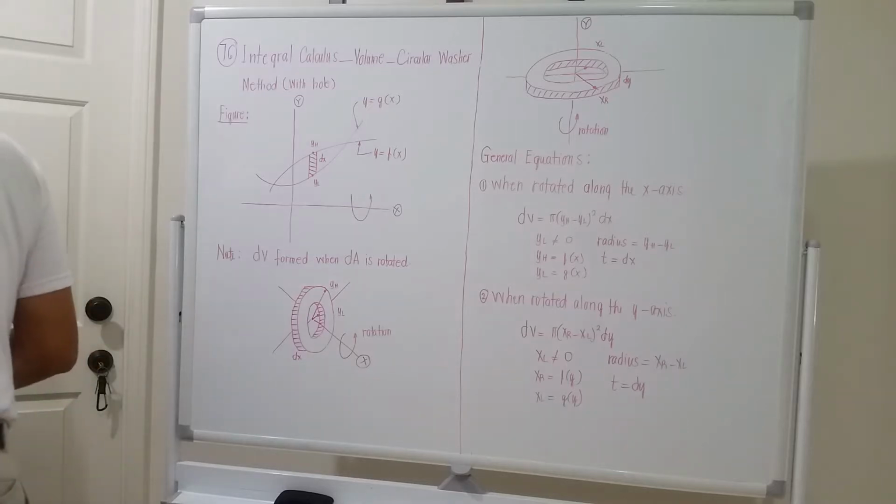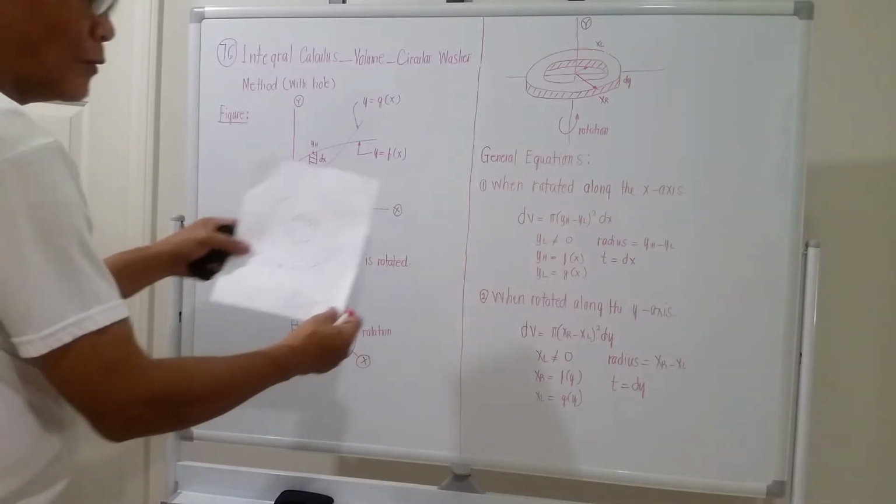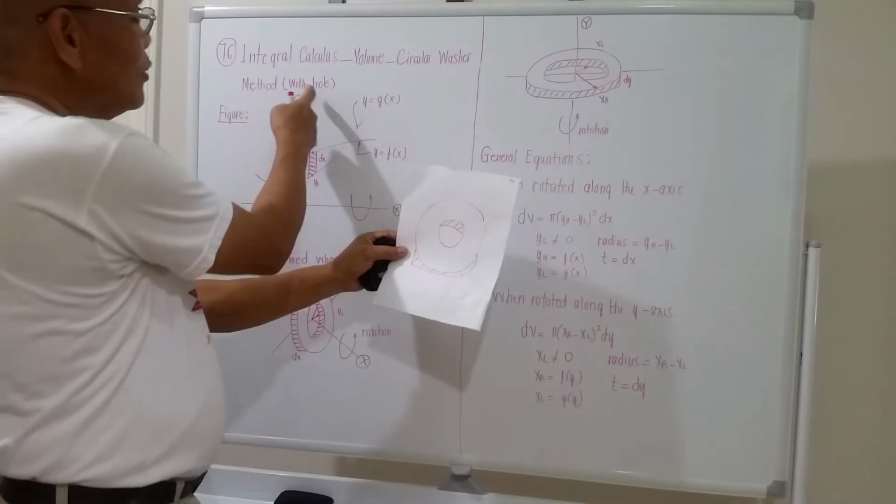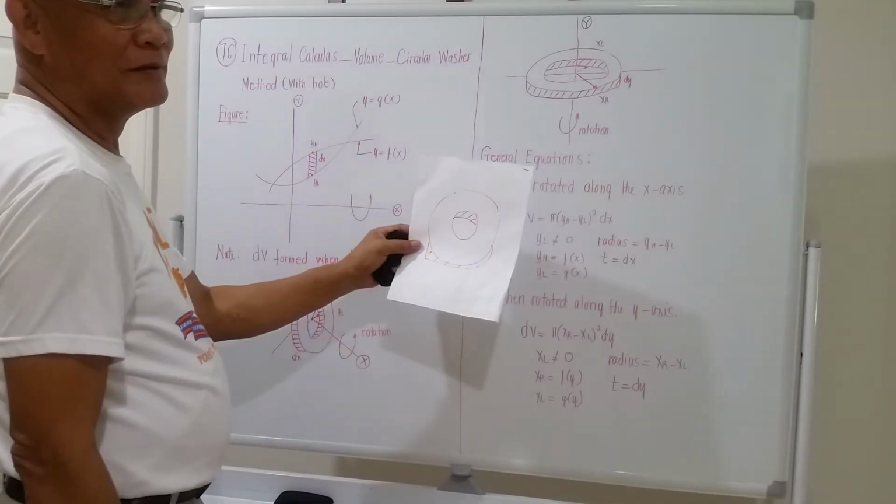Hold on guys, I will try to draw something. A washer is something like this. When I say with hole, there's a hole at the middle.